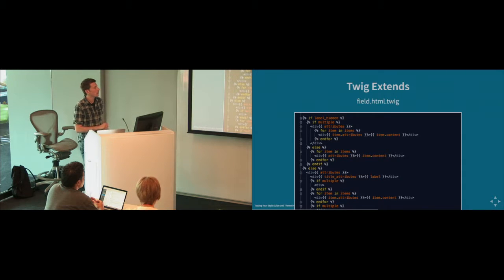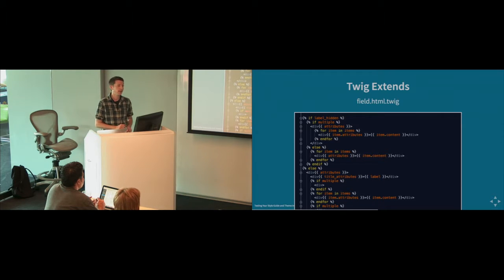So one last little trick that's pretty useful from the perspective of trying to make the things that you build more easily reusable is the idea of extending Twig templates. This is an example of the default field.html.twig template.